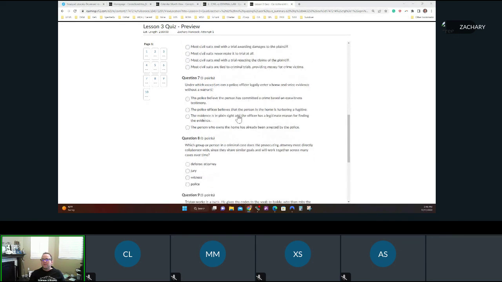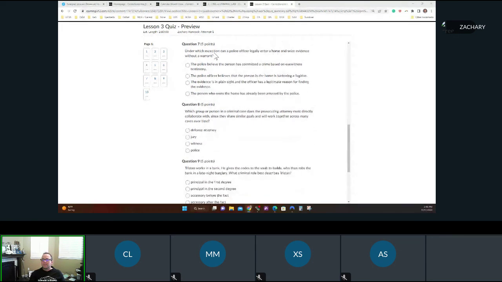Okay, number 7. Under which exception can a police officer legally enter your home and seize evidence without a warrant? Okay, remember that unreasonable search and seizure. The police believe that the person has committed a crime based on eyewitness testimony. The police officer believes that a person in the home is harboring a fugitive.